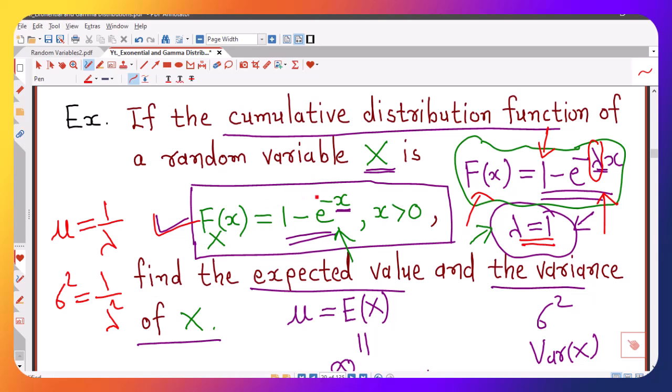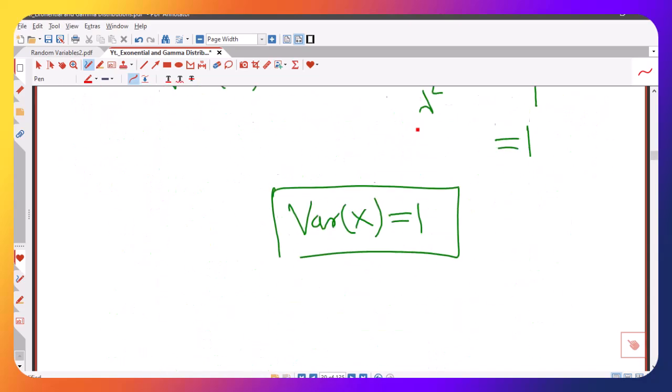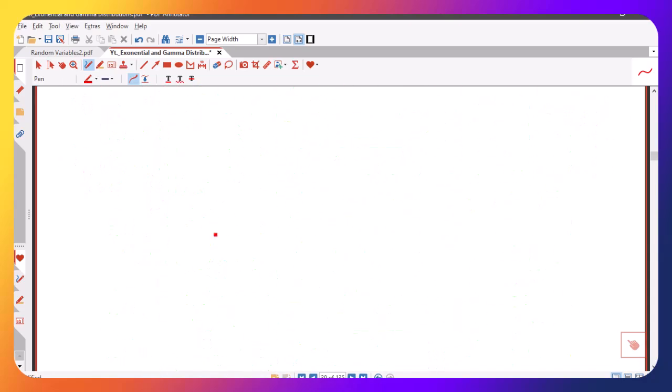Now suppose you don't want to remember all these formulas, then you can go in general. We know that if we are given the CDF of continuous random variable, then we can determine the PDF by taking derivative of CDF.